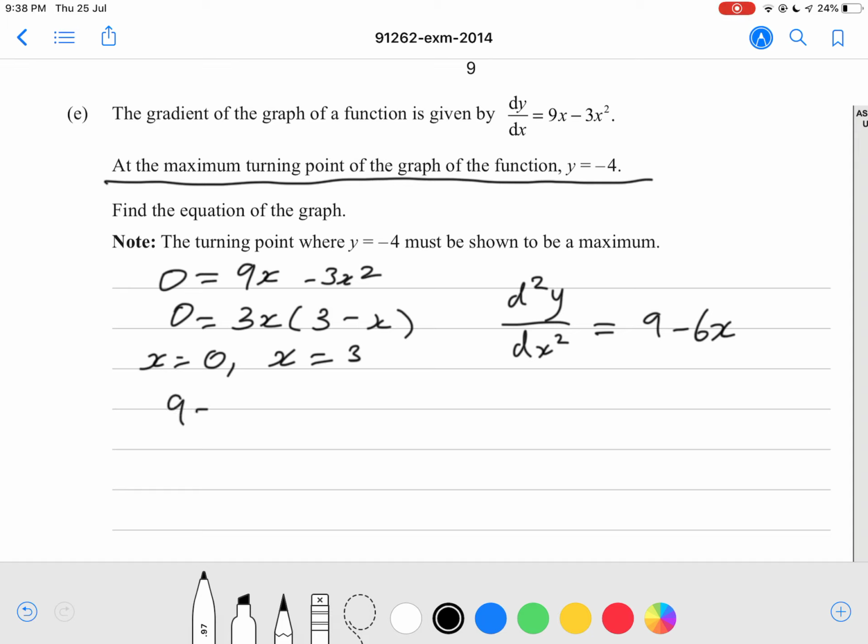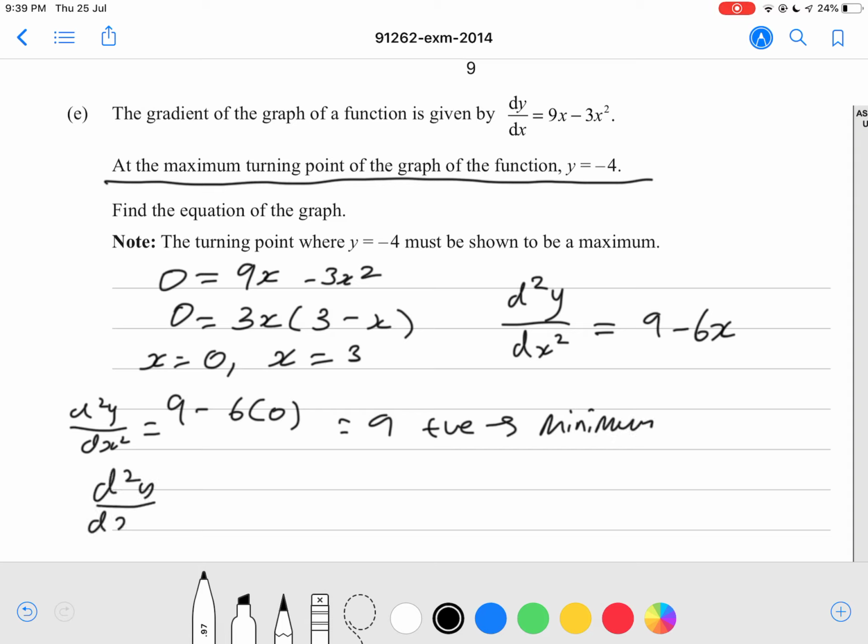So we substitute x equals 0: 9 minus 6 times 0 will give us 9. 9 is positive, therefore this is the minimum. If we substitute our 3 into the equation, that will be 9 minus 6 times 3. That will give us -9. This is negative, so therefore this is our maximum that we need.